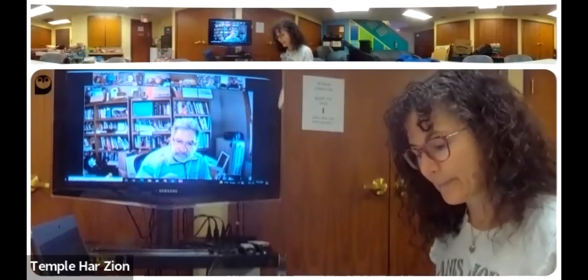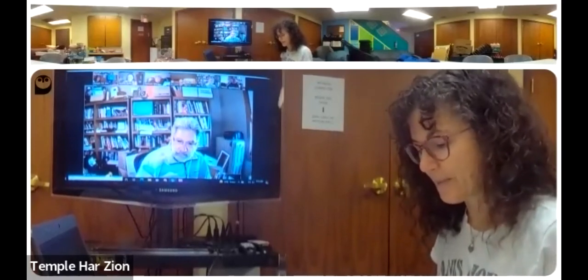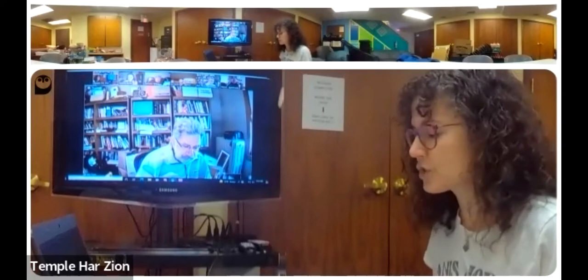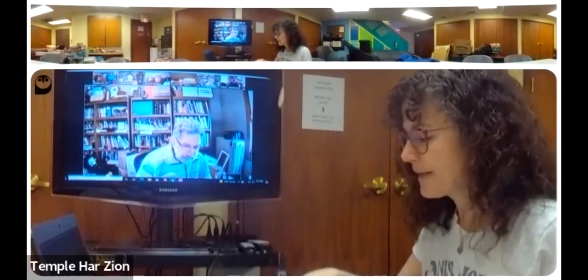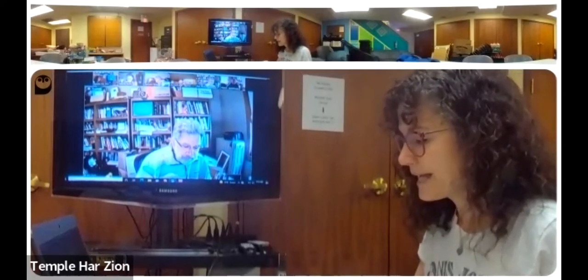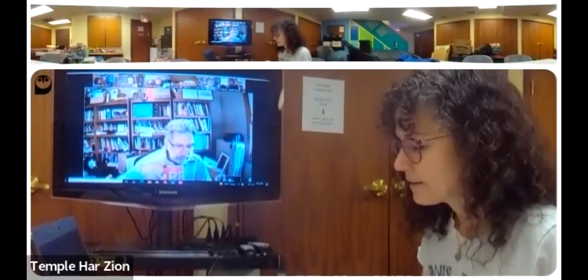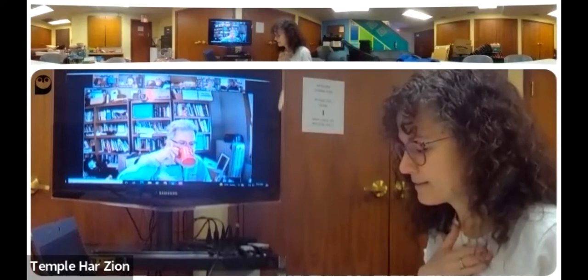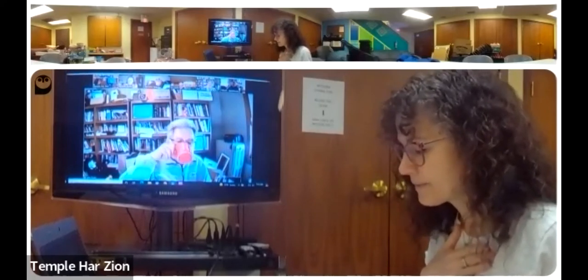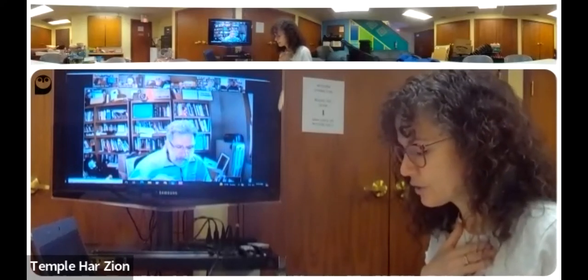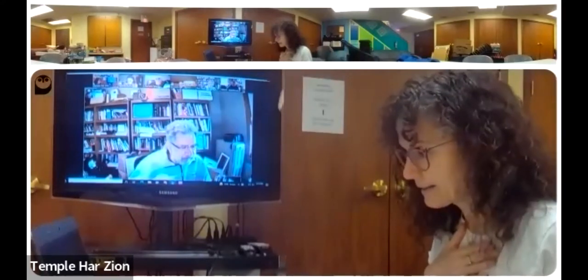This is an example to help you recognize possessive endings and the base forms to which they're attached. So if you look on page 43, bait, the base form becomes beit, my house, beiti, beitcha, beitech, beito, beita.